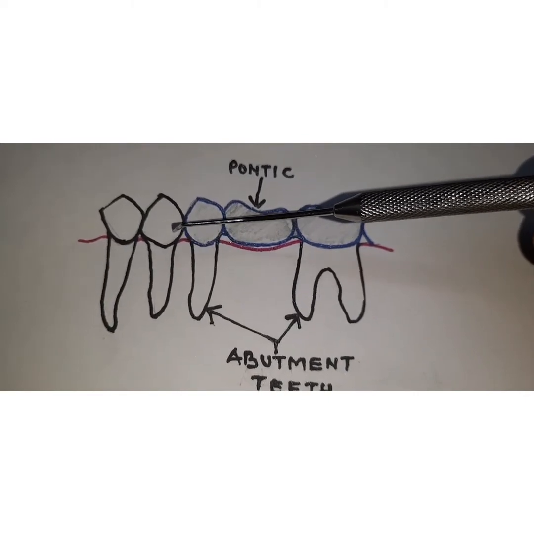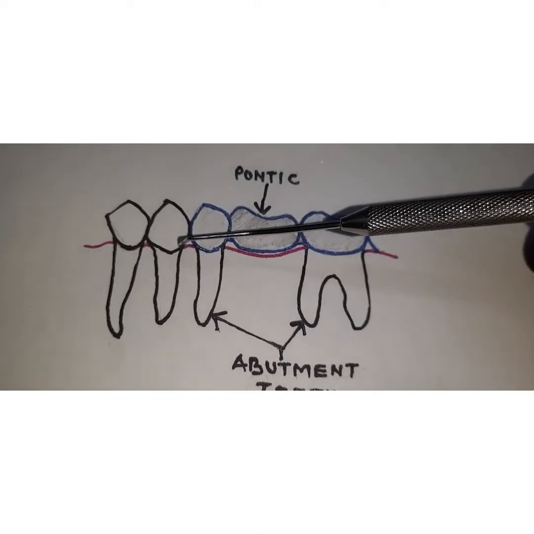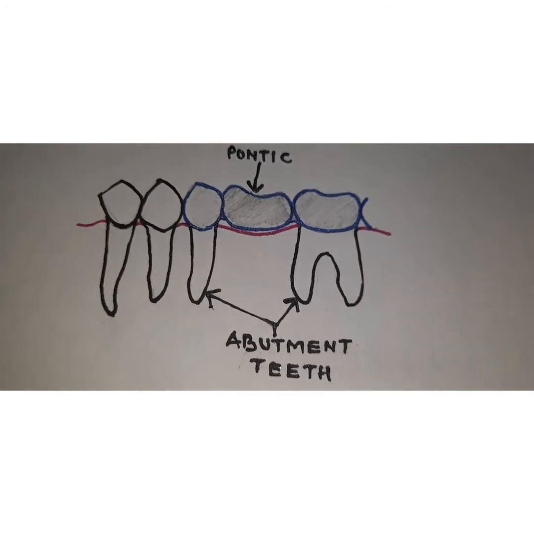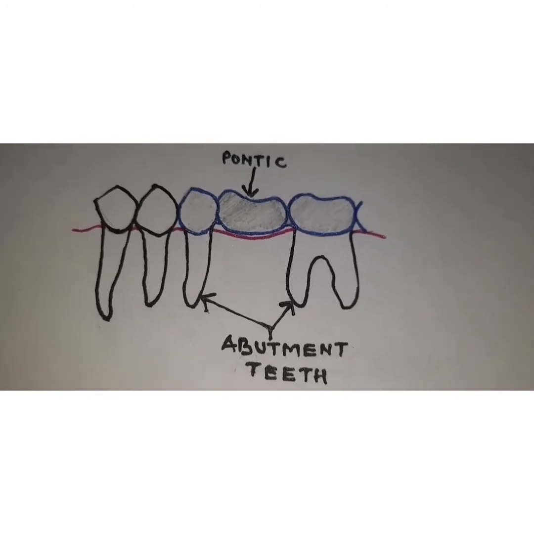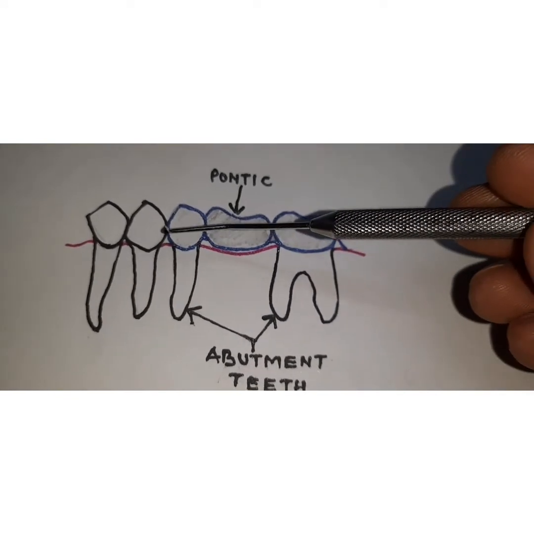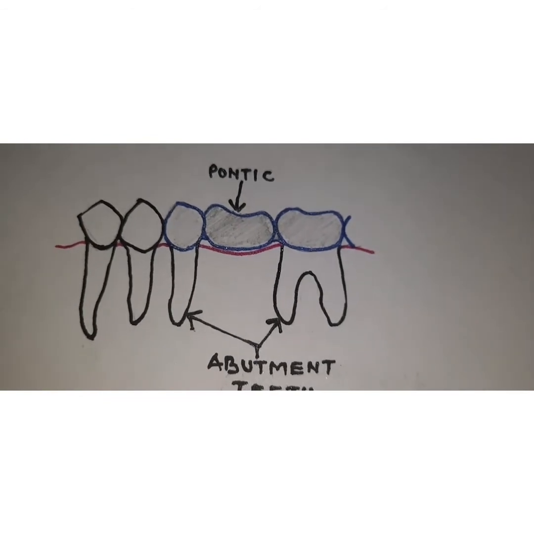The patient can have root caries, or there will be secondary caries wherever food lodgement is there. So definitely you have to make sure your fixed prosthesis does not have any space in the proximal area. There should be no proximal gap between the fixed partial restoration and the natural tooth.